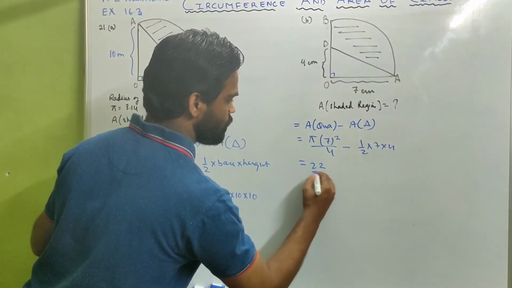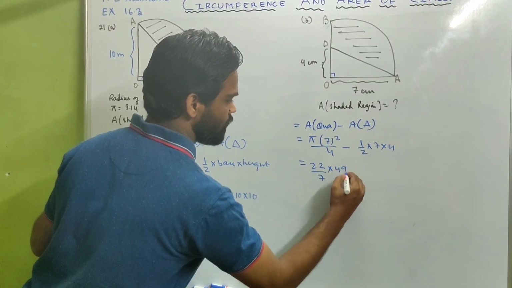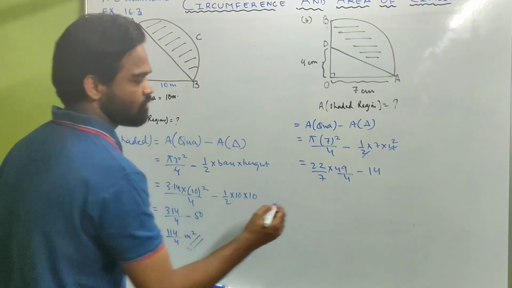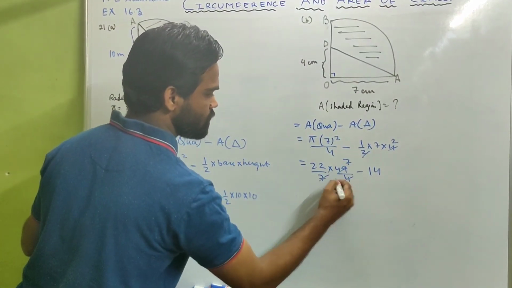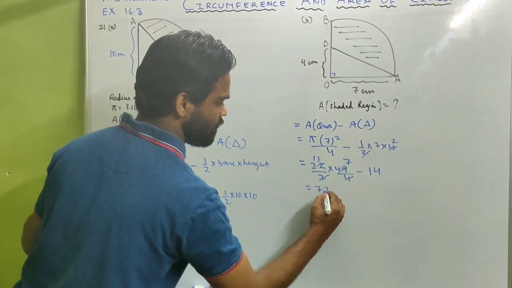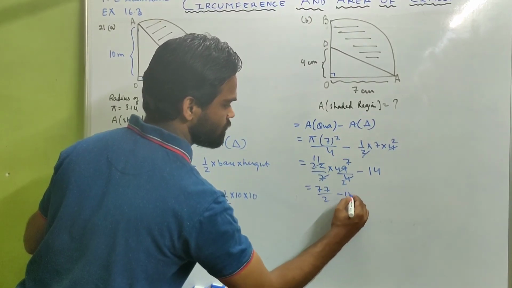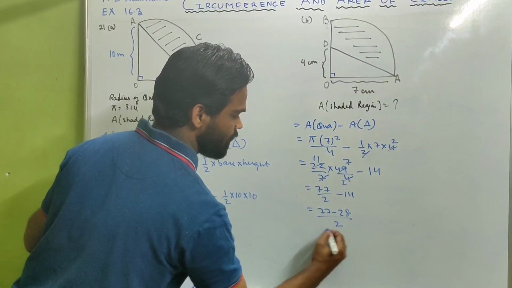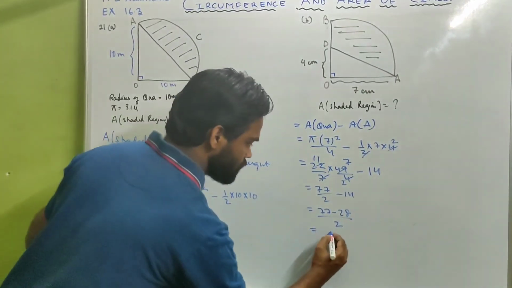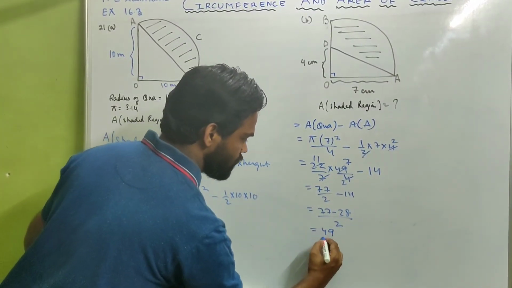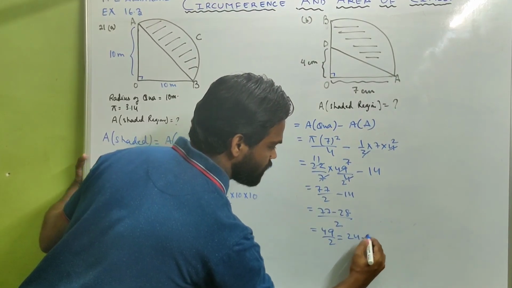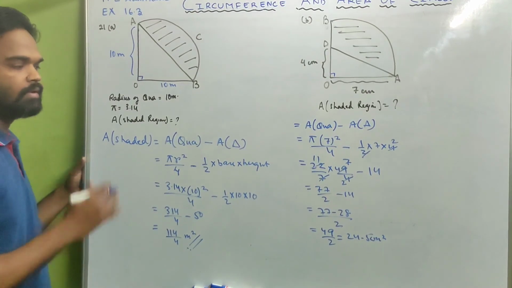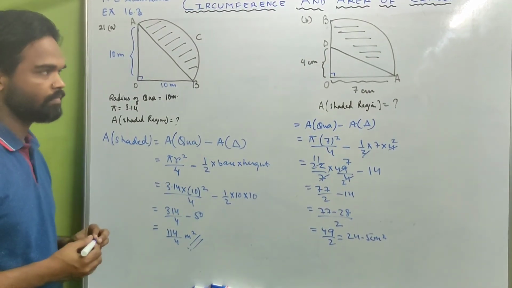So that's 22 by 7 multiplied by 49 by 4 minus 14. So that's 7 times 2, 11 times. That's 77 by 2 minus 14. That's 77 minus 28 by 2. That's how much? That's 49 by 2. That's 24.5 meters square. Is it meter? No, it's centimeter square. So that's your area.